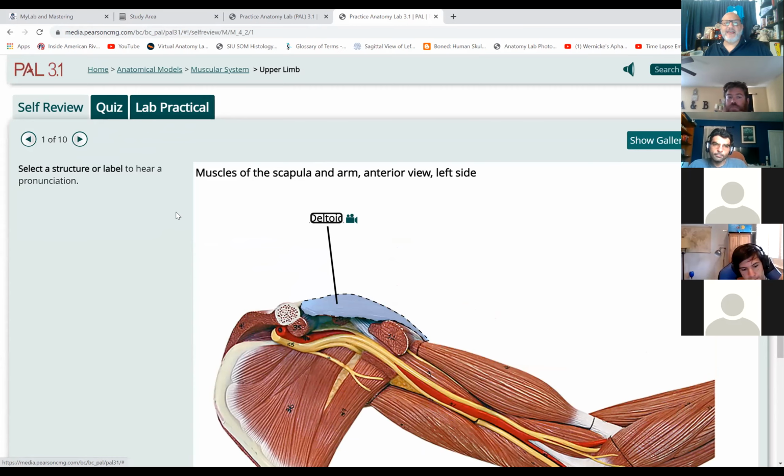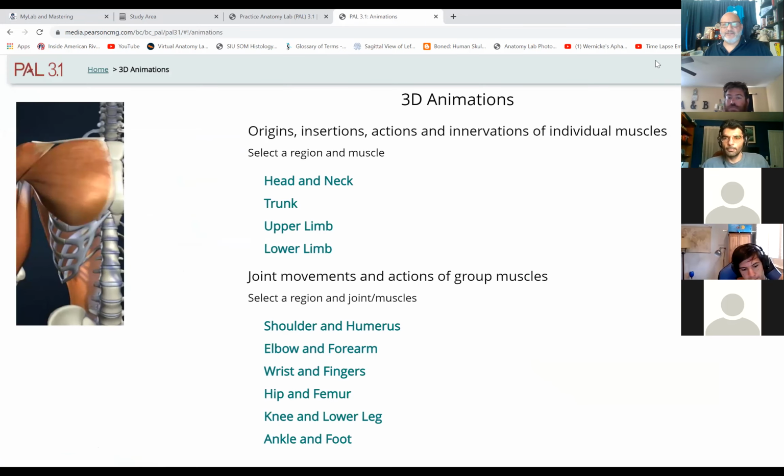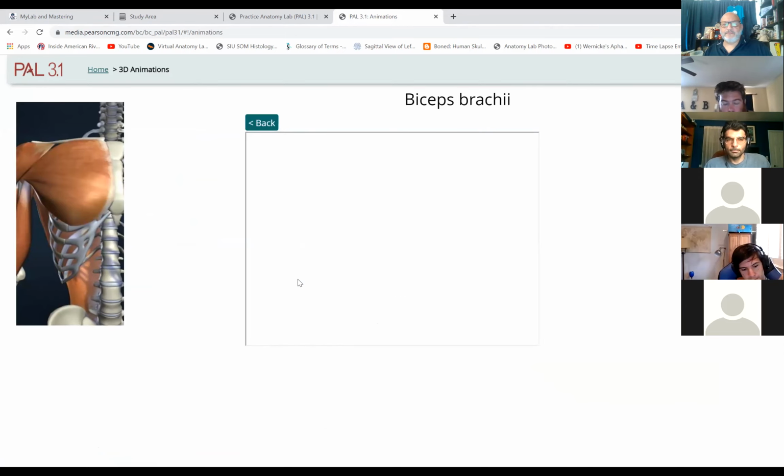And there's quizzes and there's practical exams that you can take. But what's even more awesome than that is when we go to the animations, and for instance, we go to the upper limb, and we go to the biceps brachii.